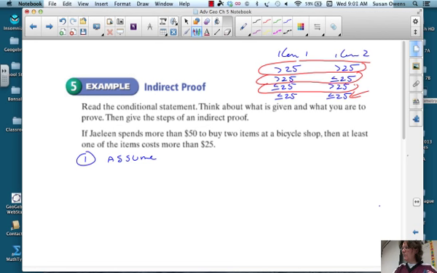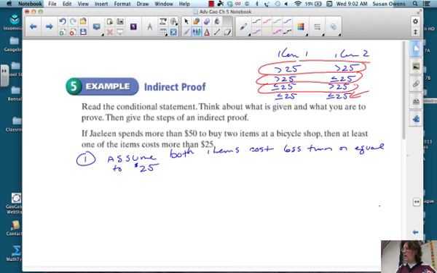So I am going to assume both items cost less than or equal to $25.